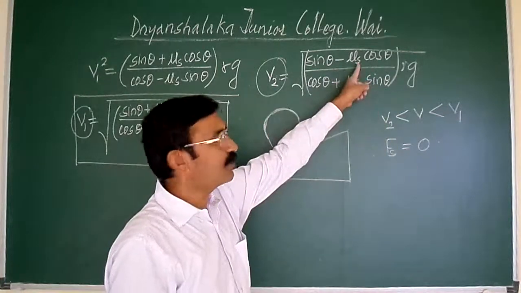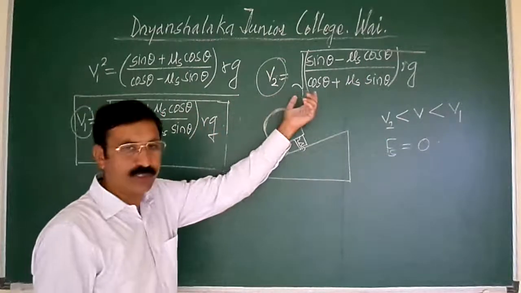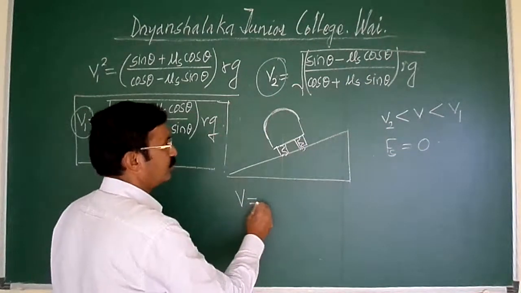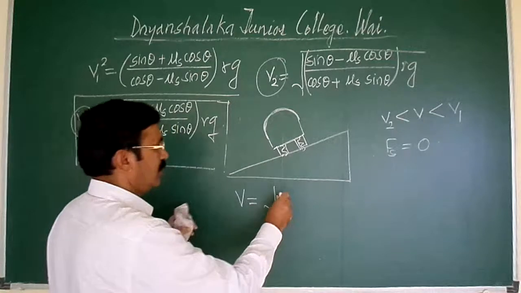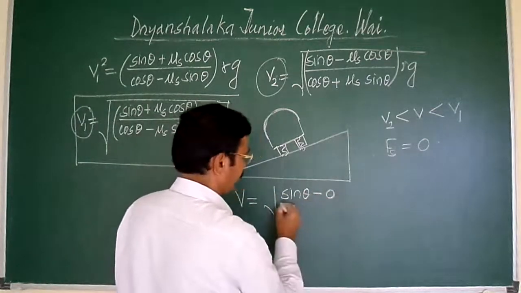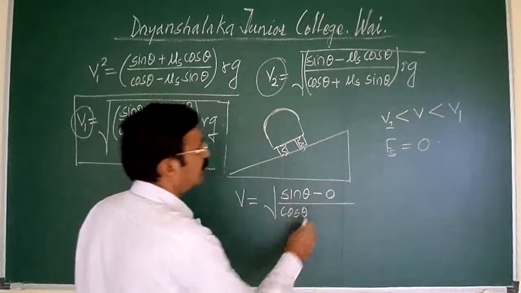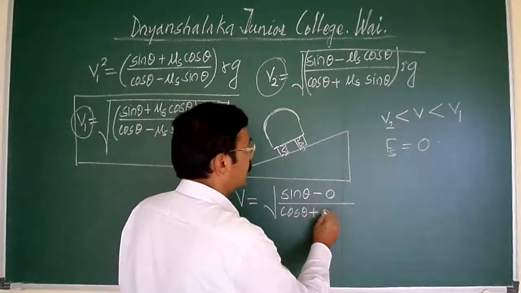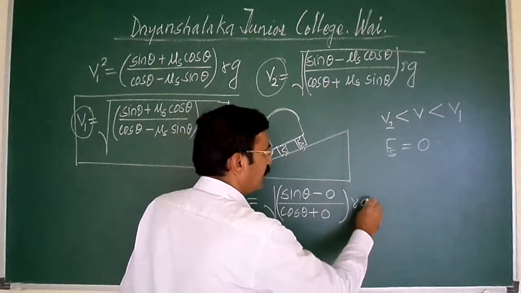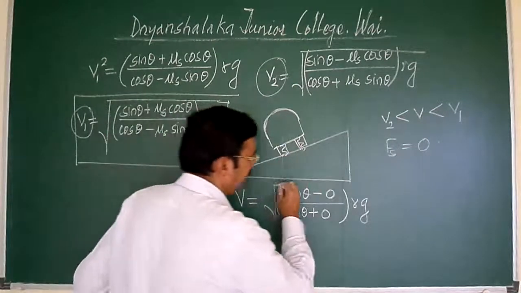If the coefficient of friction becomes 0, whichever expression you use, the expression is going to become V is equal to under root sin theta minus 0 upon cos theta plus 0, multiplied by Rg, and its root.